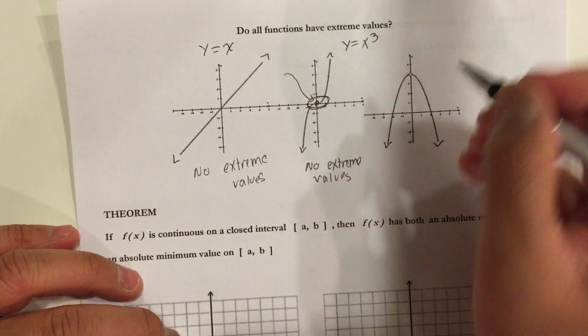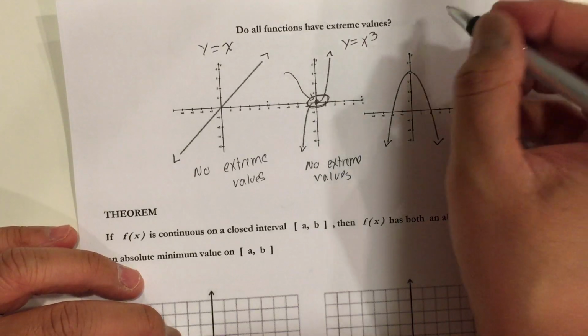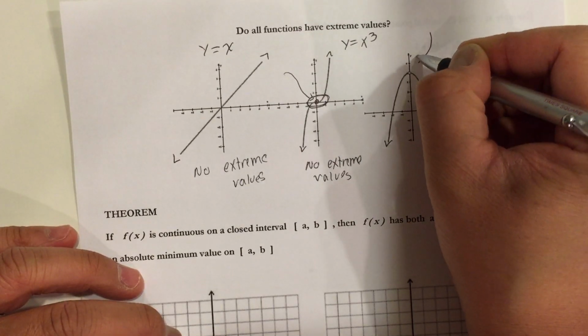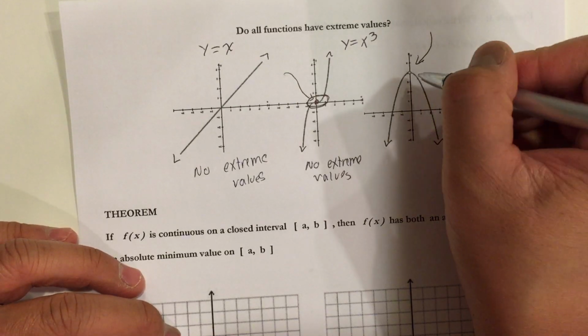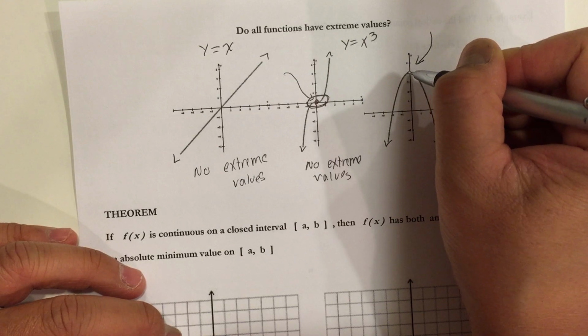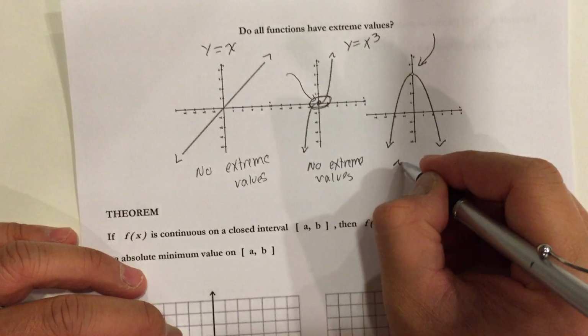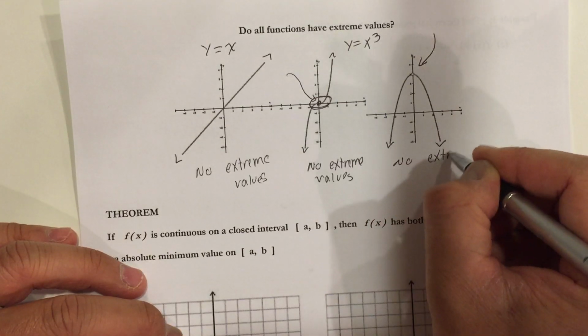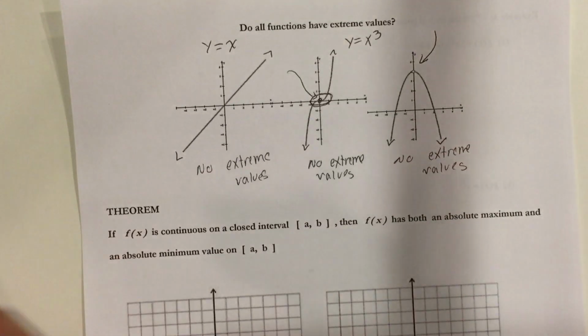This function does not have extreme values either, because if you look carefully at this point it is discontinuous. There's a hole there, so it is not defined there, and the function does continue to go down forever, so it doesn't have any extreme value. No, we can't say there's a highest point or a lowest point for that function.